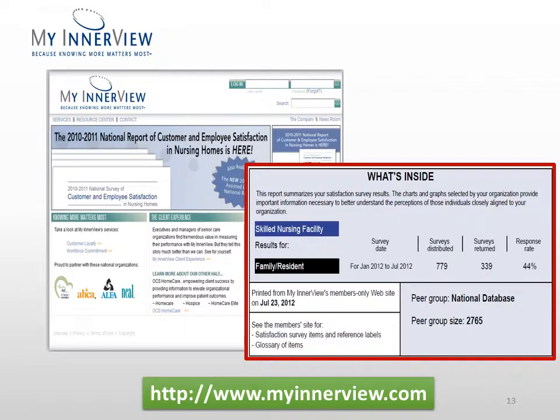My Interview and Team TSI are both companies that provide performance measurement and improvement services offerings, plus staff and consumer satisfaction surveys. Both charge for their services, and depending upon the services that you purchase, the facility can gain access to data analysis and benchmarking data.